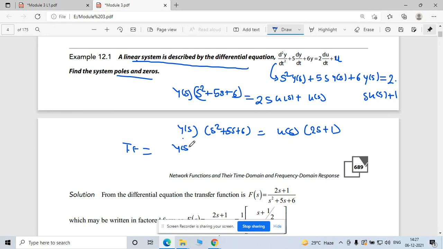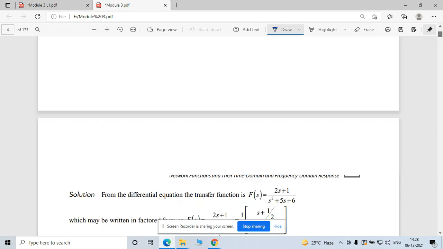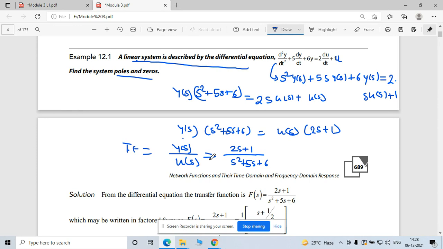So y of s divided by u of s is 2s plus 1 divided by s square plus 5s plus 6. Okay, now see, this is nothing but your transfer function for this quadratic equation.